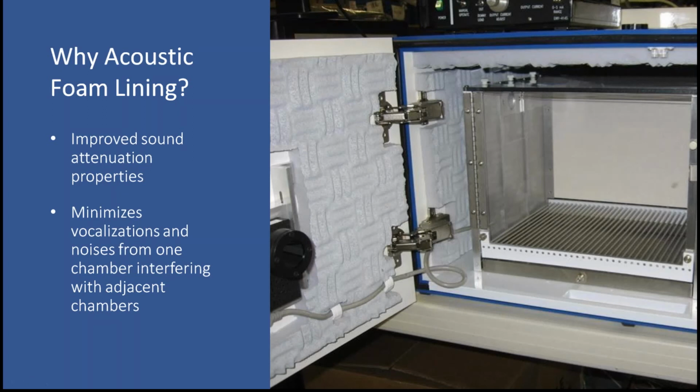You want to prevent those noises from interfering with conditioning cubicles that are adjacent to this cubicle. So you want each cubicle to be not influenced by neighboring cubicles. So the sound attenuation lining can help you achieve that improved sound isolation from one chamber to the next. And that's a good principle for any behavioral studies, whether it's fear conditioning or any other kind of behavioral study.